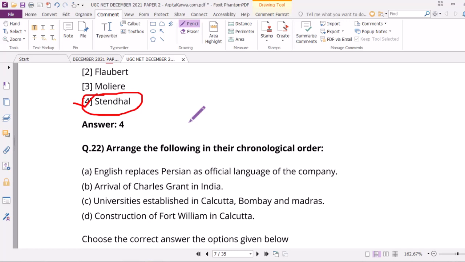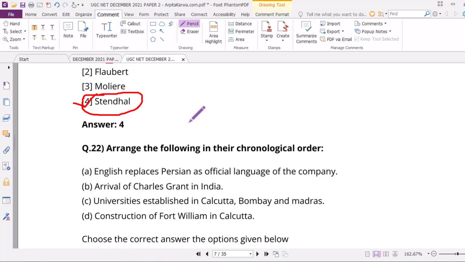After that, in 1792 Charles Grant wrote the very important Observations on the State of Society among the Asiatic Subjects of Great Britain, and in this tract Grant wrote that India can be advanced socially and morally only if Christian missionaries are allowed into India. Why would they come to India? To propagate Christianity.